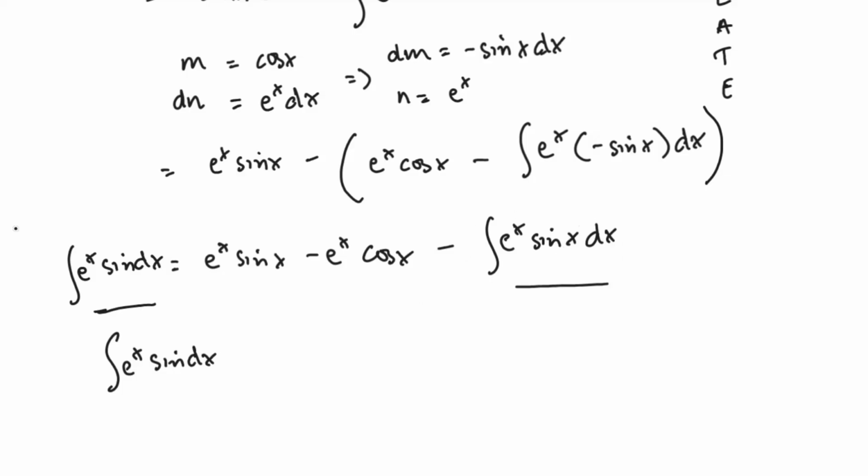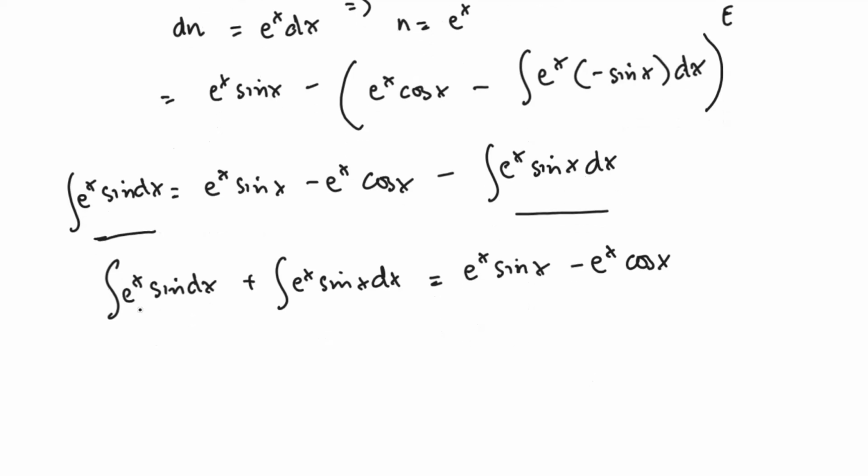I'm going to move this term to the left-hand side, so negative becomes positive. It's equal to, rewrite it down, e to the x sine of x minus e to the x cosine of x. So this one is the same, so this is equal to 2 times the integral of e to the x sine x dx.